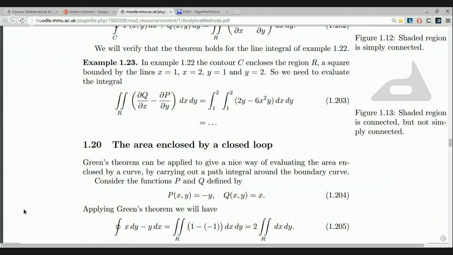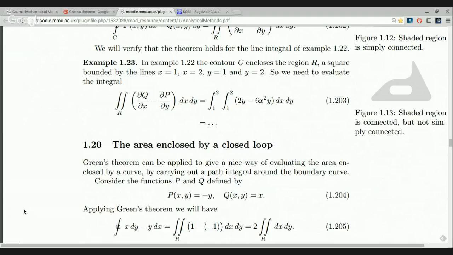So it seems to be just integrating from 1 to 2, 4y minus 16y, minus 12y dy. Nothing stopping me from doing that. You get minus 6y squared, evaluated at 1 and 2. So this comes out at minus 6 times 4, so minus 24, plus 6, which is indeed minus 18, as expected.